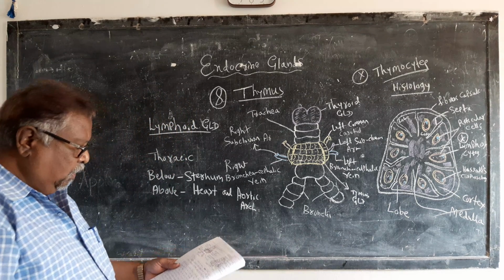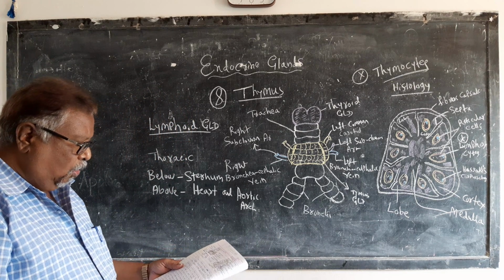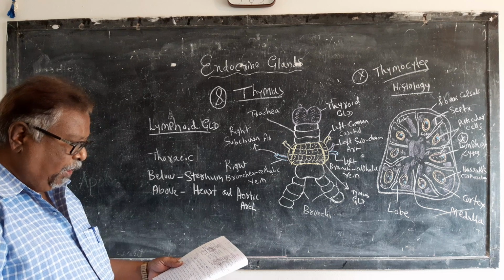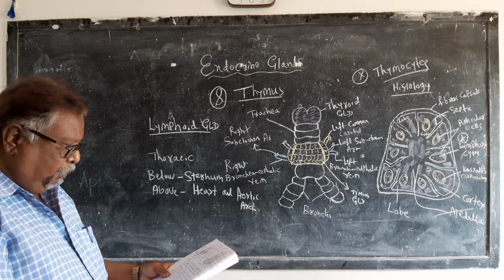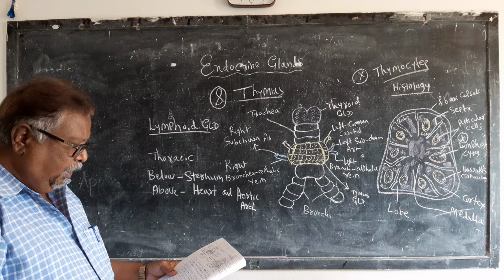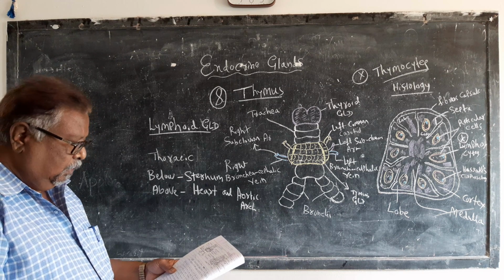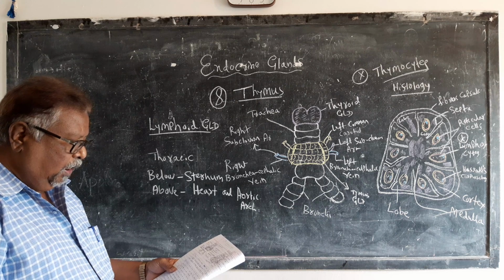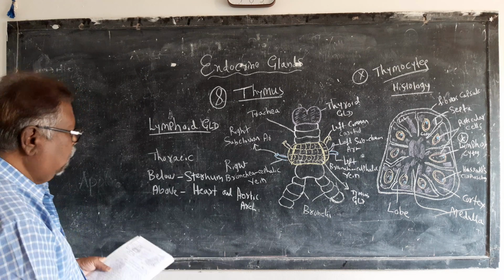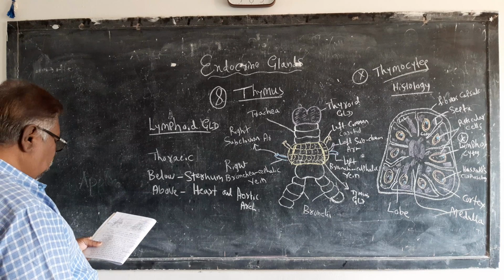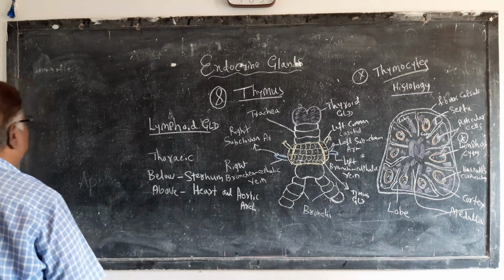Now the next point is the stem cells of lymphocytes come from bone marrow and divide in the thymus gland to form T lymphocytes.